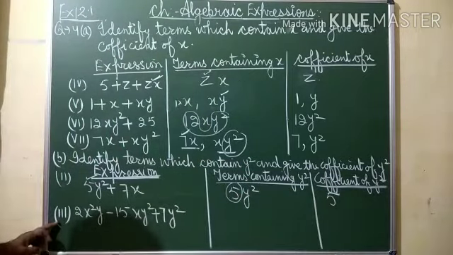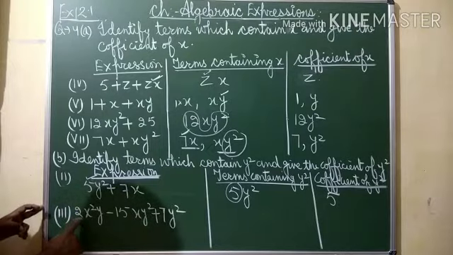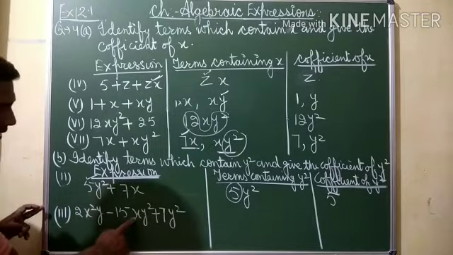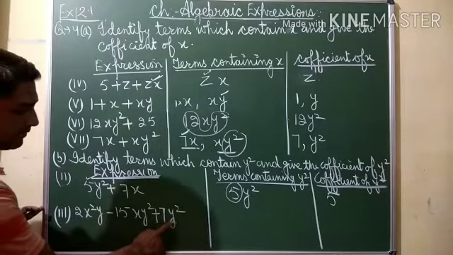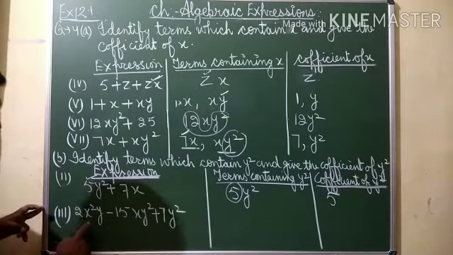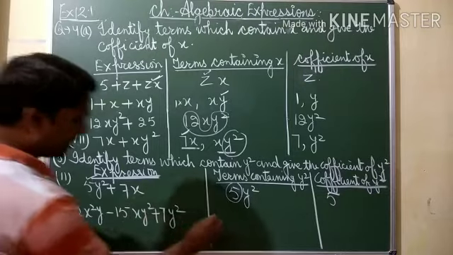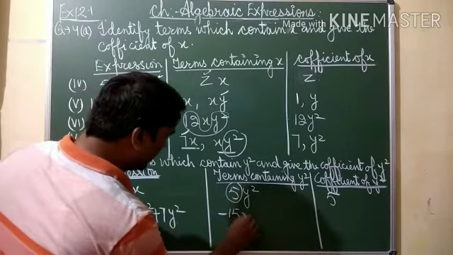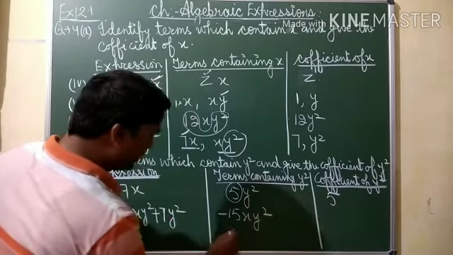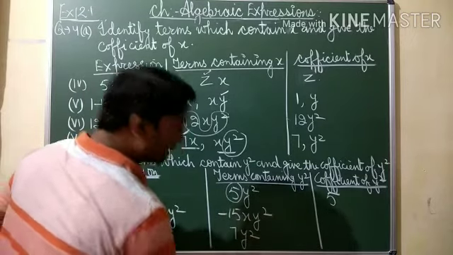Next, third part, the given expression is 2x square y minus 15xy square plus 7y square. Now in this expression, the terms containing y square are minus 15xy square and 7y square.